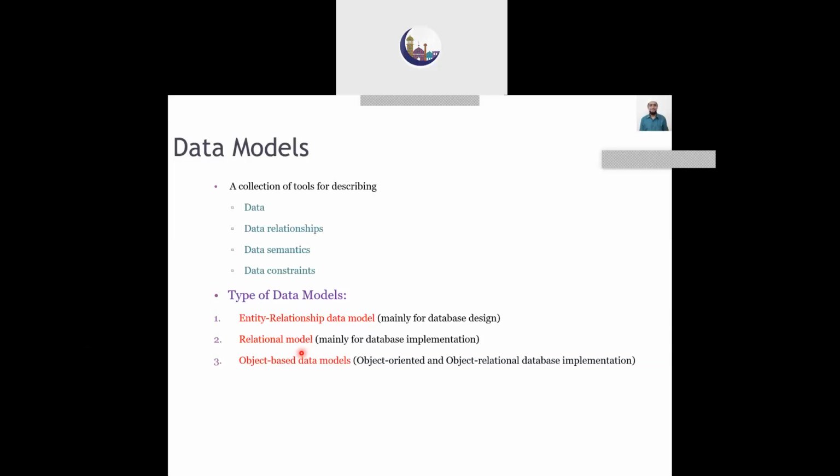Since we know that there are various languages which are going to make use of objects to represent the data rather than just variables, when I want to link up my database to those object-oriented models, I have to have similar characteristics as that of an object in my database also. So there are certain models which are going to make use of objects to store the data. Those models are called object-based data models.